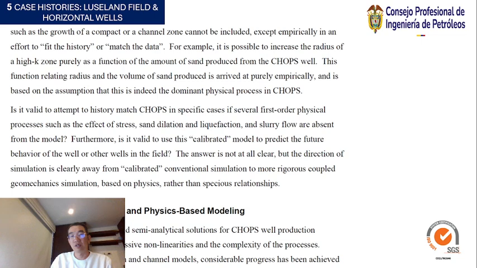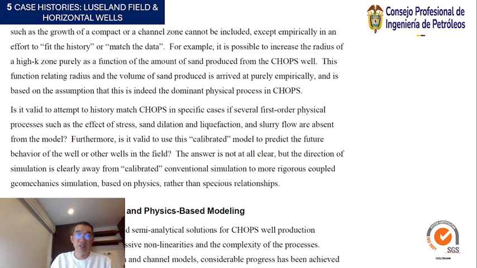The answer is not at all clear, but the direction of the simulation is clearly away from calibrated conventional simulation to more rigorous coupled geomechanics simulation based on physics rather than empirical relationships.